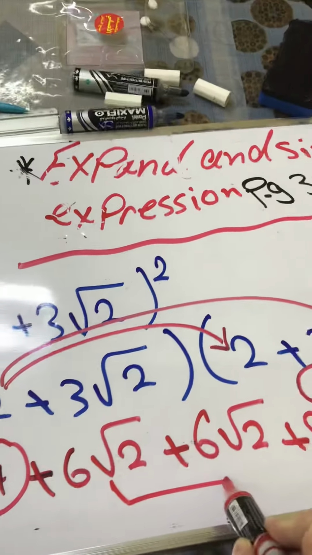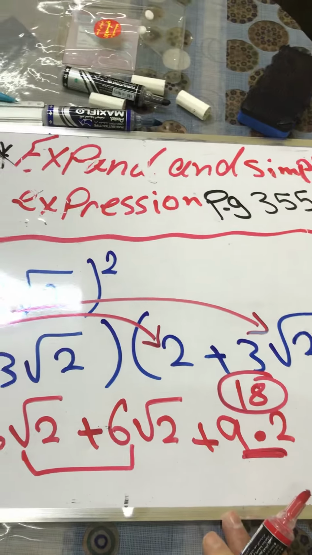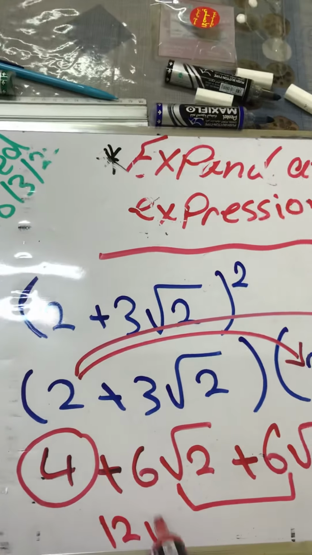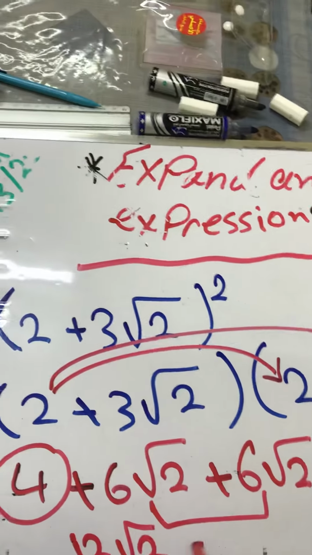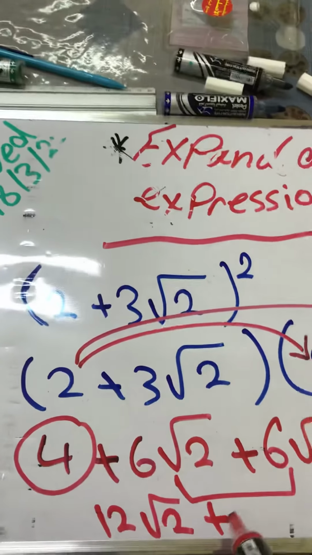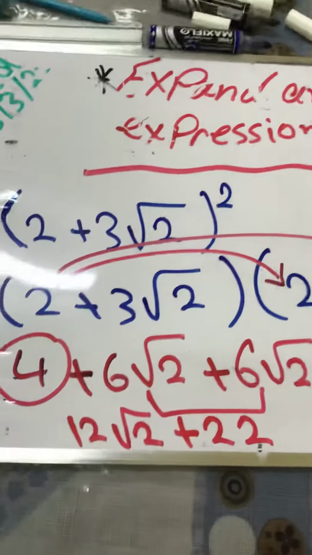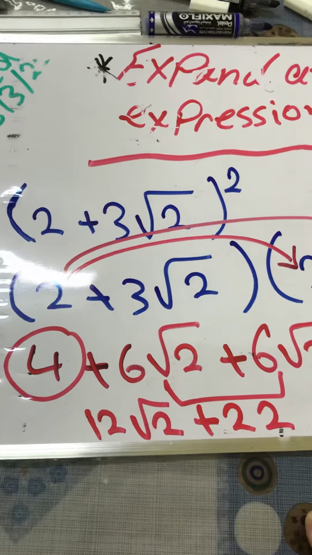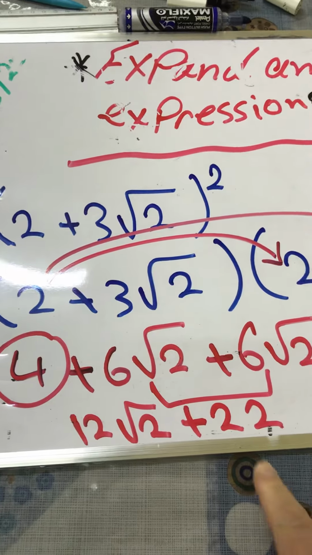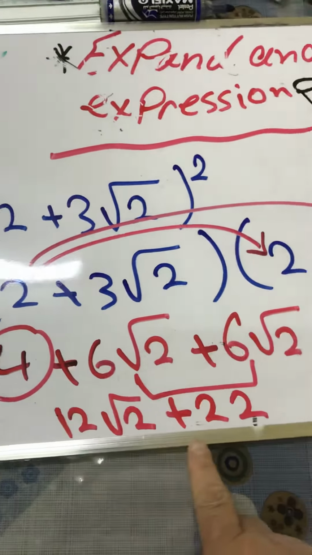And 6 square root of 2 plus 6 square root of 2, I'll add 6 plus 6 equals 12 square root of 2, plus 18 plus 4 equals 22. So the answer is 12 square root of 2 plus 22, or 22 plus 12 square root of 2.